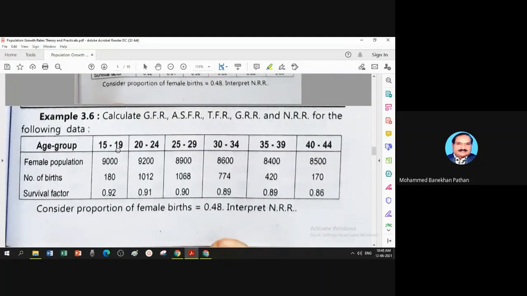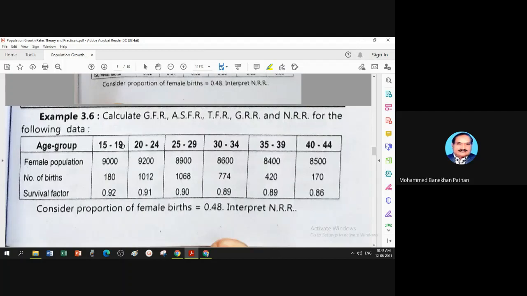The data given: age group 15 to 19 till 44. It is assumed this is the age group where we can consider the female population is liable to bear a child. That's why these age groups are considered.